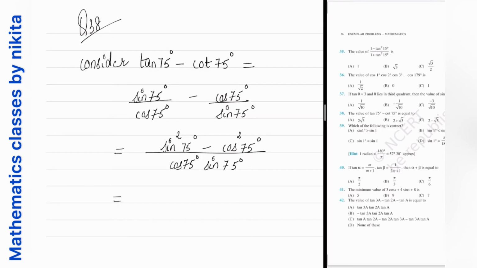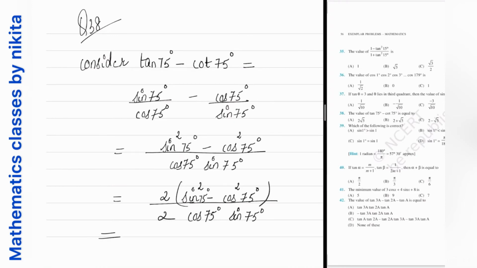Now I will multiply and divide by 2 in the numerator and the denominator. So 2 times sine square 75 degrees minus cos square 75 degrees divided by 2 times cos of 75 degrees into sine of 75 degrees.